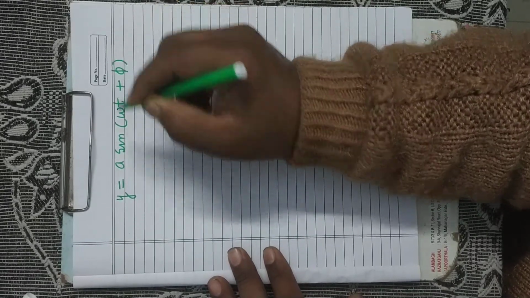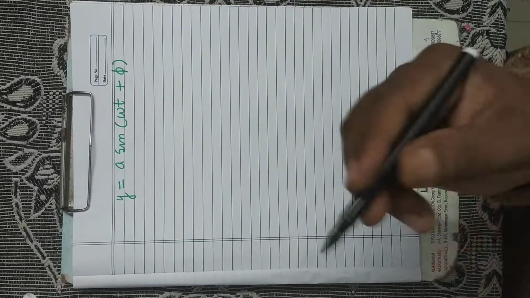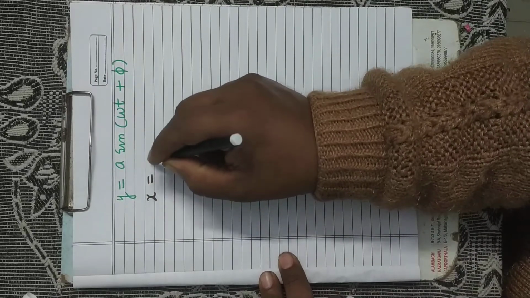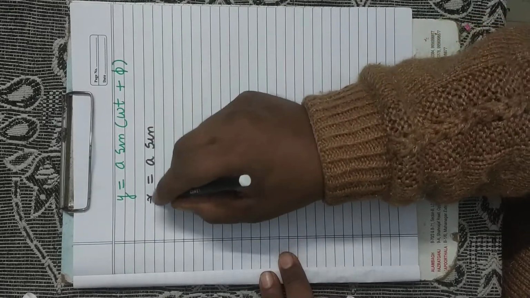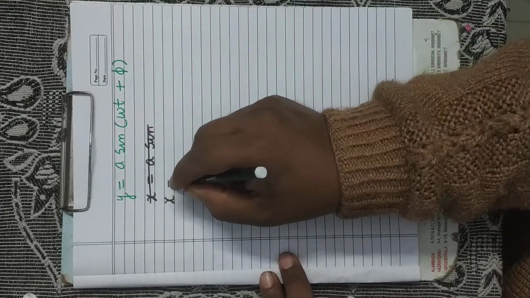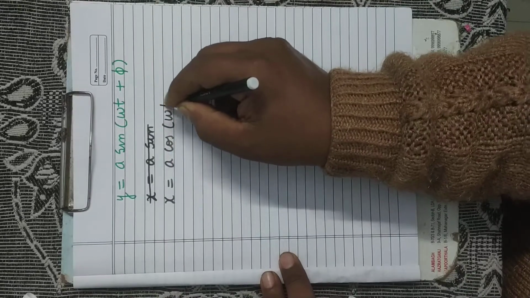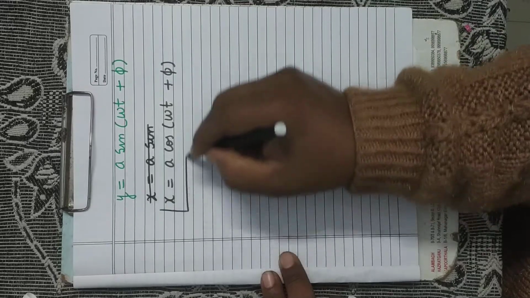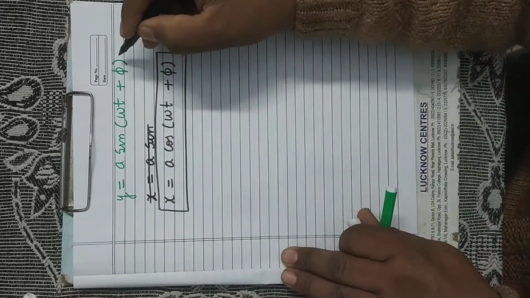If we write the equation of SHM in cosine form, it will be x equals a cos(omega t plus phi). It is also the equation of SHM. This is in cosine form, but mostly we use this.